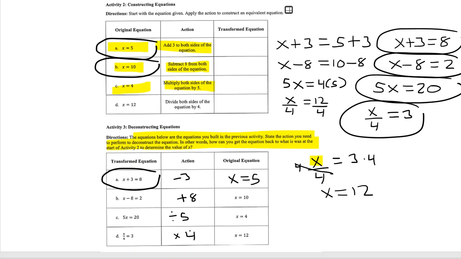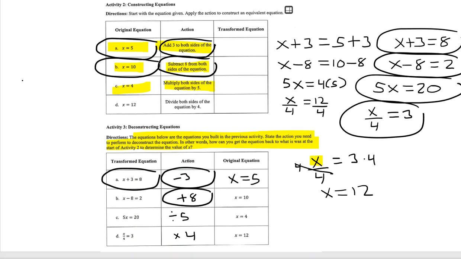multiplying by 4. Now, as you look at these two activities, one thing I want you to notice is in order to get rid of an addition, we had to use subtraction. In order to get rid of a subtraction, we had to use addition.